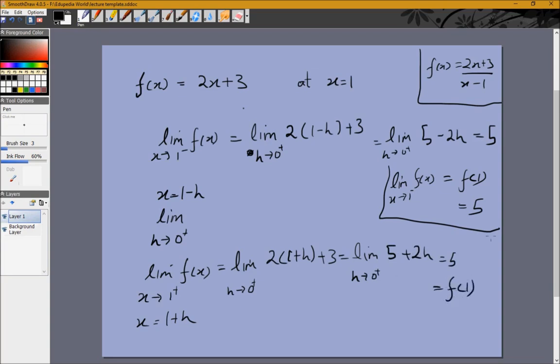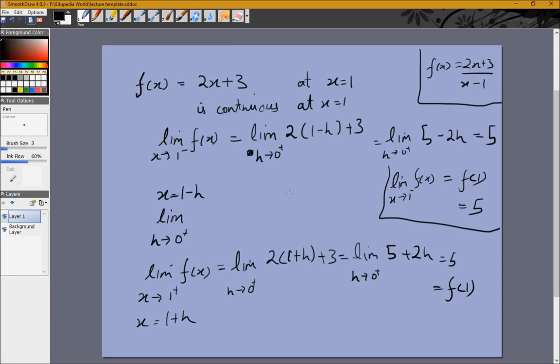So the value of f(x) at x equals 1, which is 5, is the same as the left hand limit of f(x) at x equals 1, and it's also the same as the right hand limit of f(x) at x equals 1. So we can say that f(x) is continuous at x equals 1.